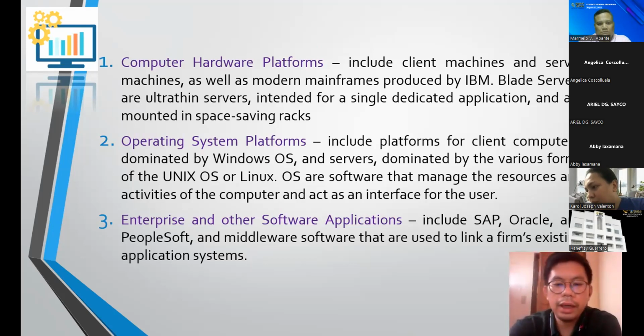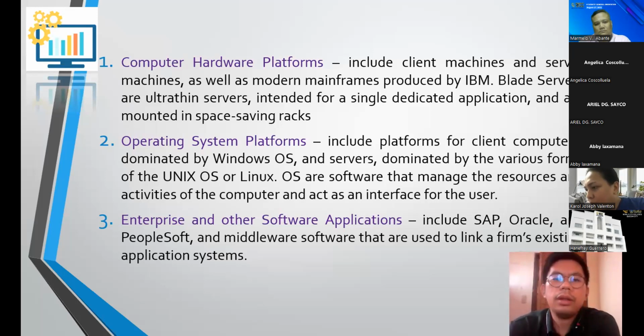IBM, HP, Dell and Sun Microsystems are the leading providers of computers, while processors from Intel, AMD, and IBM are widely accepted as microchip manufacturers, except for users of Linux and Unix, who prefer Sun or IBM processors.